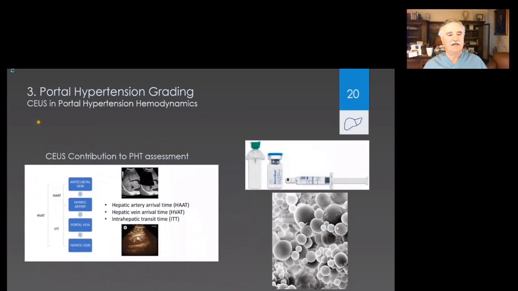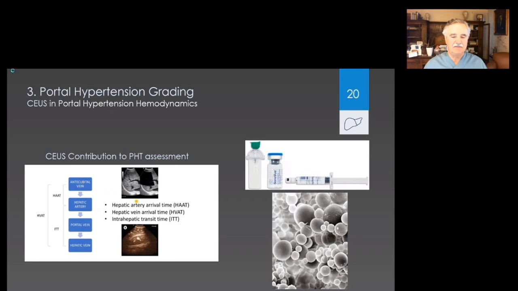A contrast-enhanced ultrasound has a role in grading portal hypertension. There are many studies running. The only drug existing in Europe is Sonovue. Those are the microbubbles.